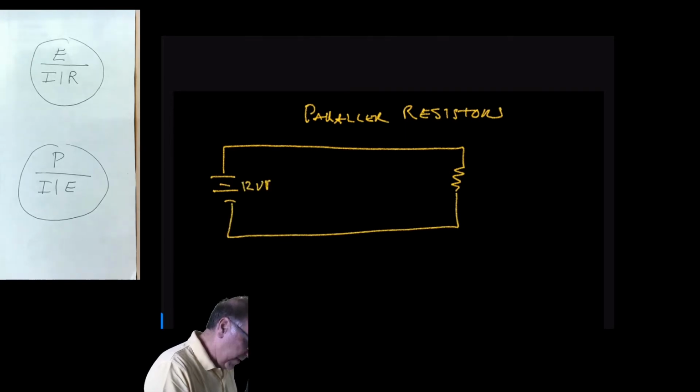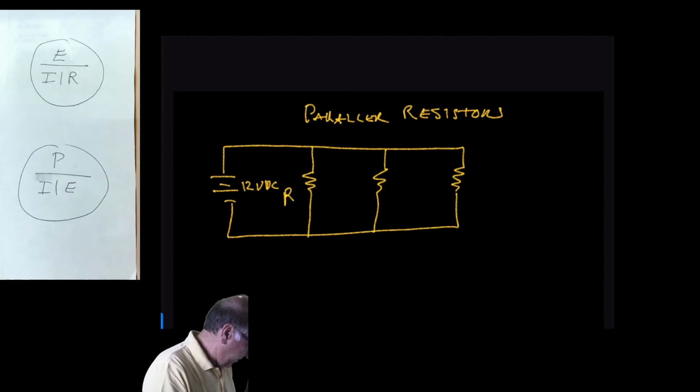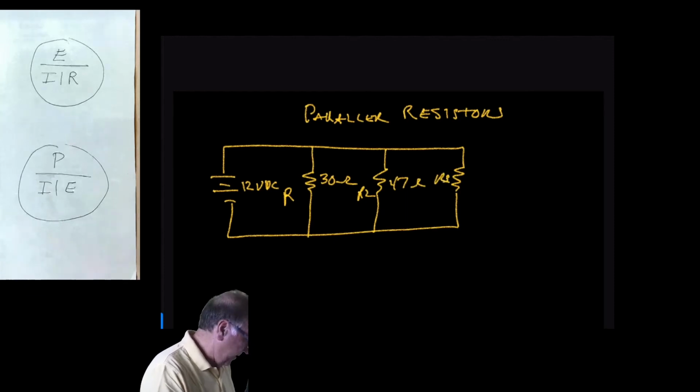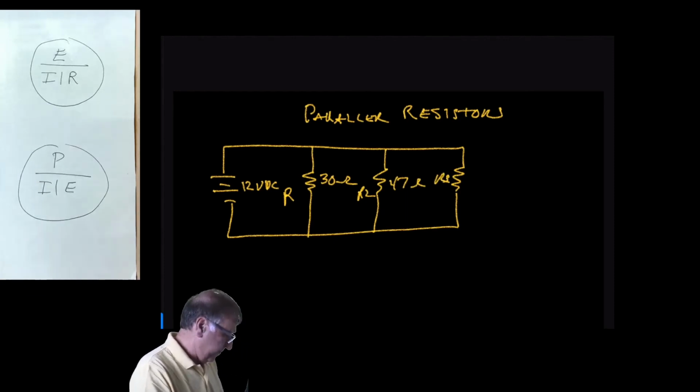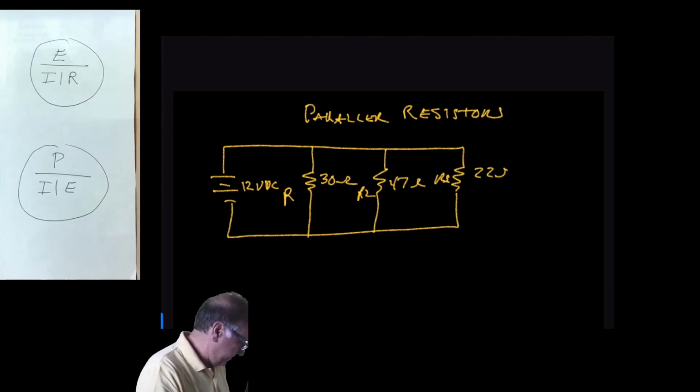This will be a 12 volt source. So R1, 30 ohm. R2, 47 ohm. And R3 is a 22 ohm.